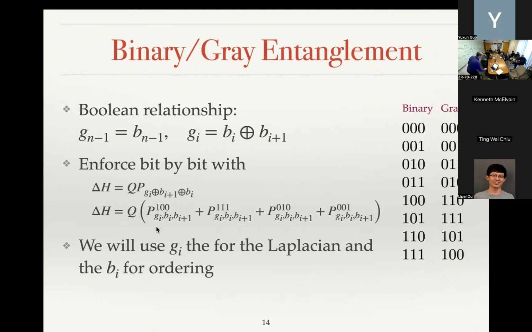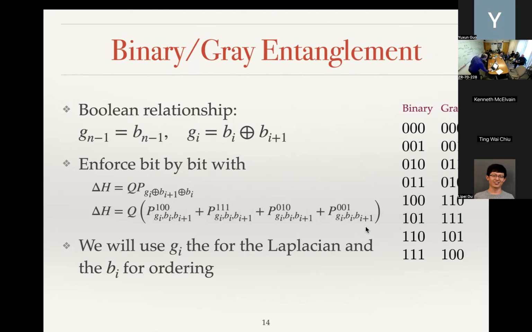This notation basically means these 3 bits have that value. So it's just projecting one product state for those 3 bits. You build it out of sigma z's.